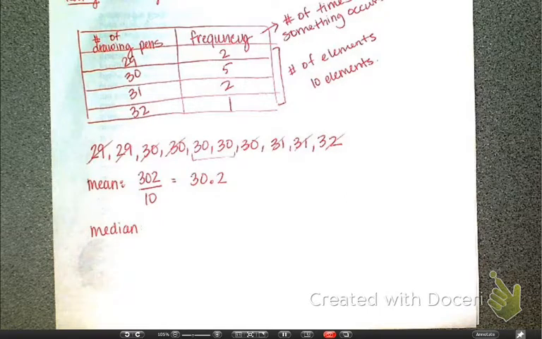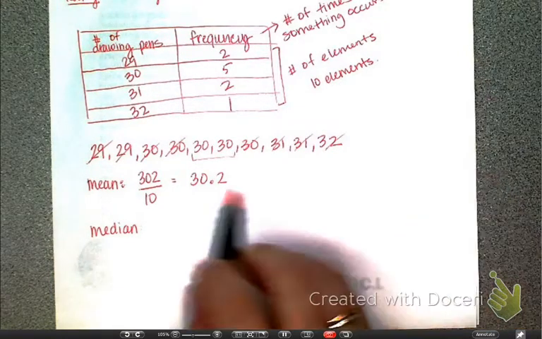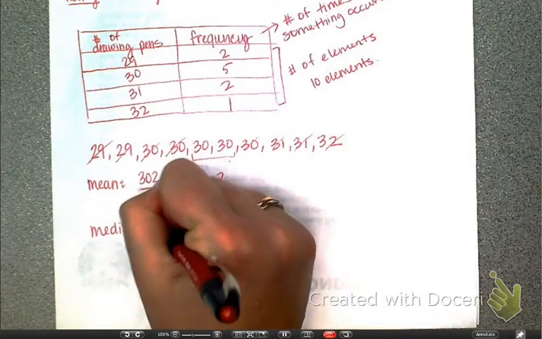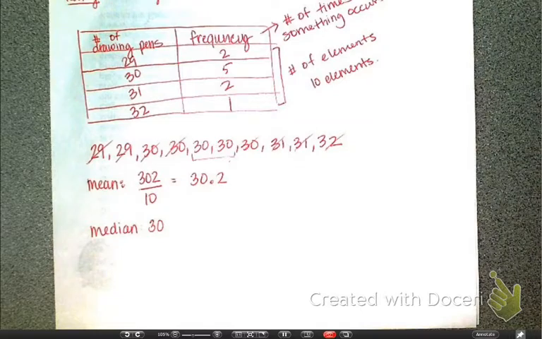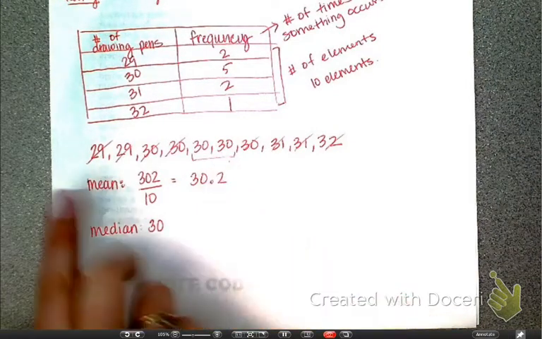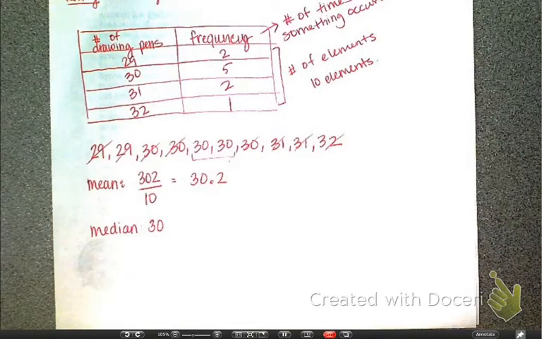So how would I find what that number is? Add them and divide by 2. Now, because they're both 30, when you add 30 plus 30 and divide by 2, you still get 30. But those numbers won't always be the same. Okay? So if you have an even number of data points, for your median, you'll have to add the 2 numbers and divide by 2. If you have an odd number of data points, then you'll actually have a middle number.